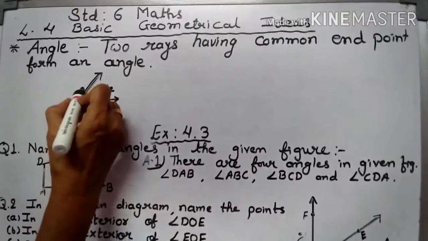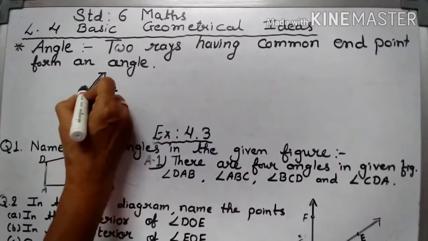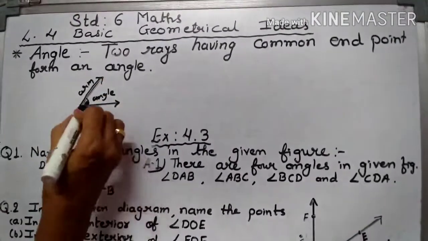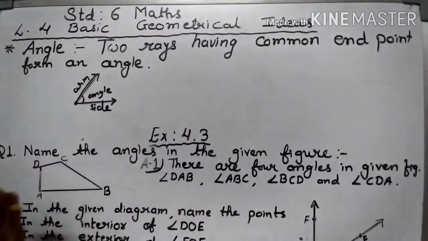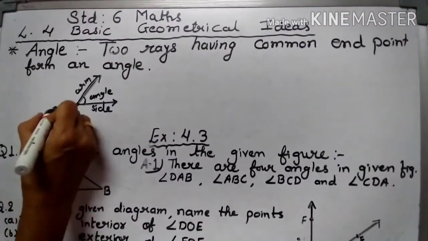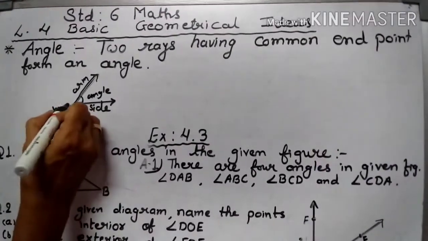And these rays are also called arms or sides. And the common end point is called the vertex.